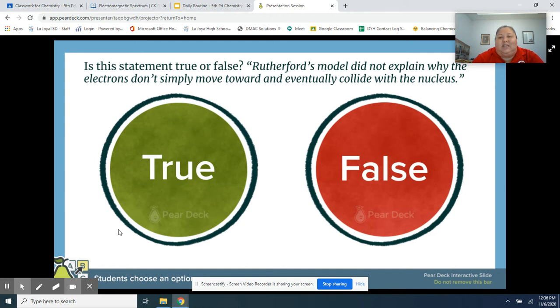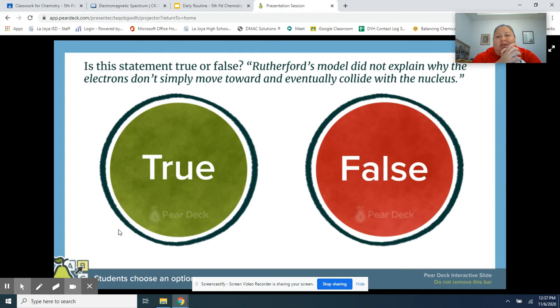Rutherford's model did not explain why electrons don't simply move towards and eventually collide with the nucleus. So basically, why doesn't the atom collapse? Did he explain why? Did he answer that question?